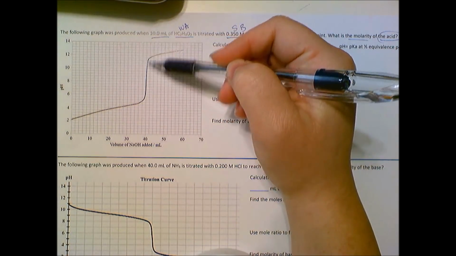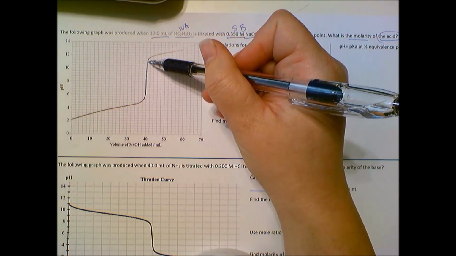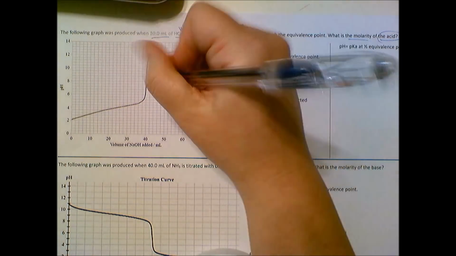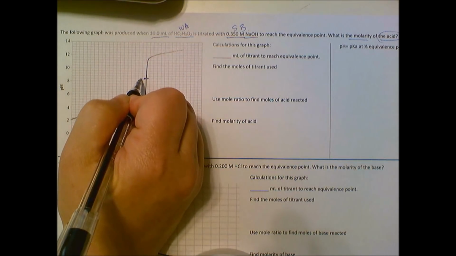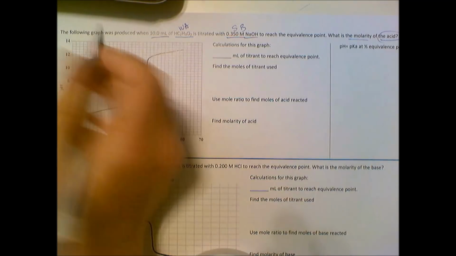So we find this vertical section on our graph. And you got to do your best in estimating about where the halfway point is. It looks to me about there. That looks about halfway up that vertical section. So I'm going to follow that over, and it's right above 8.